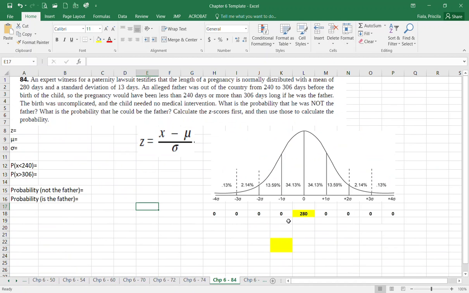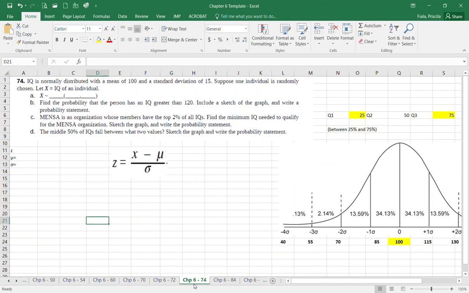Then when it comes to your midterm and I put a problem like this, if you really don't understand what happened, it's not going to be the same numbers and you would be lost. So that's why I'm giving you all these details.